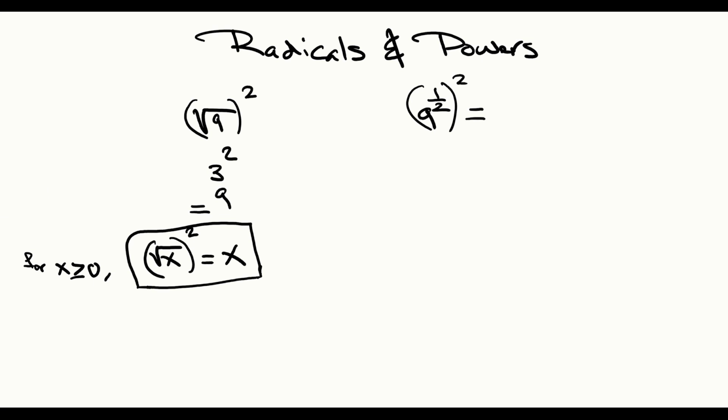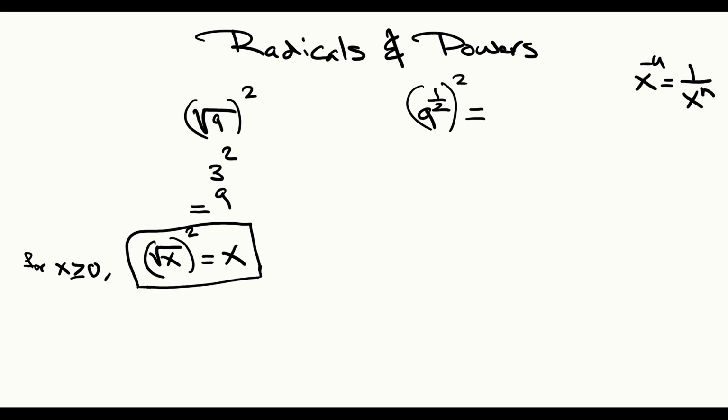Now, until now, we've never encountered anything like this, where an exponent is anything other than an integer. We've dealt with positive integer exponents, also known as natural numbers. We've dealt with negative integer exponents, and we've dealt with those with the formula x to the negative n equals 1 over x to the n.